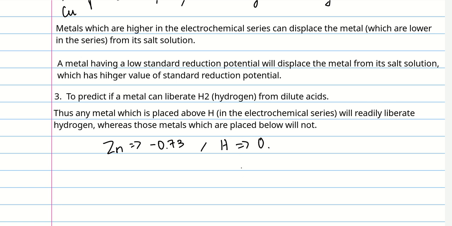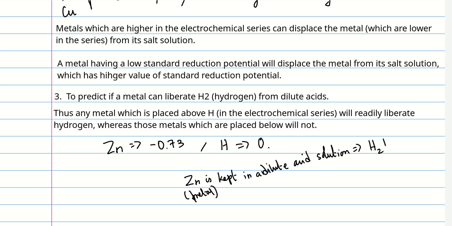So we say that if zinc metal is kept in a dilute acid solution, then you will have hydrogen getting liberated.